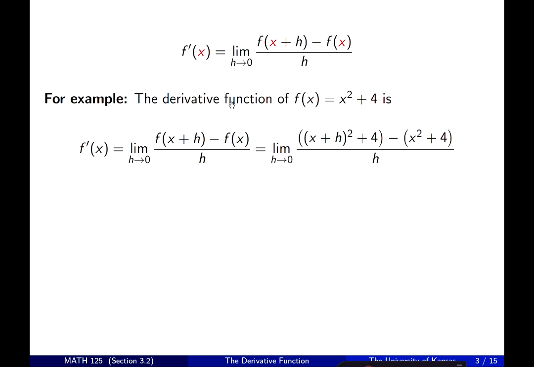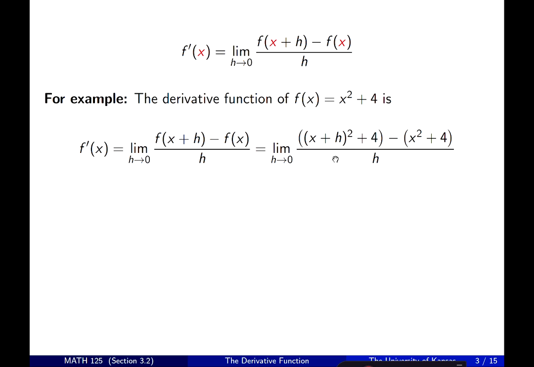So let's do an example. For the function f of x equal to x squared plus 4, if you write this definition, you get the limit of (x plus h) to the power 2 plus 4, minus (x squared plus 4), divided by h. Now, every time you write the limit definition, if the derivative exists, it will be a 0 over 0.